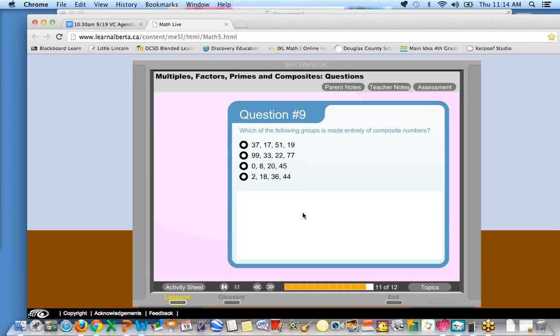Good, Lucas. Right away, I can eliminate choice C because 0 and 1 are neither prime nor composite. The only one. I think I know. Go ahead, Adam. I think it's B. It is. 99, 33. Yeah. Great job.